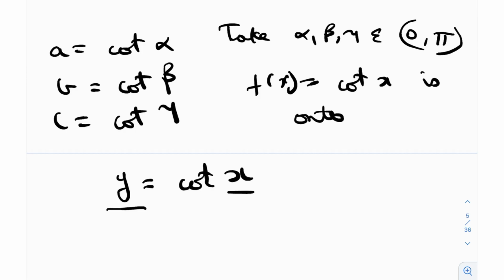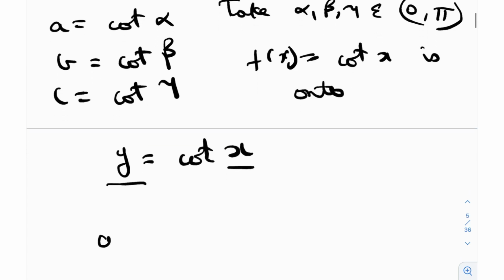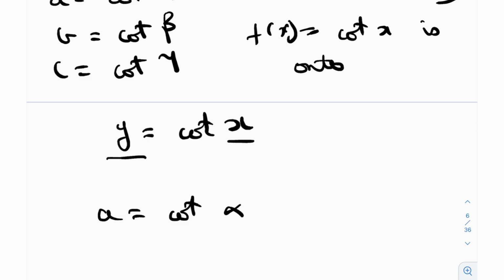And that's really important because when I write a is equal to cotangent alpha, how do I know if there exists an a corresponding to that particular alpha? There does exist because we know that the cotangent function is surjective, and therefore such an a exists, so that a is equal to cotangent alpha. That is why I'm able to use the substitution, otherwise I cannot.